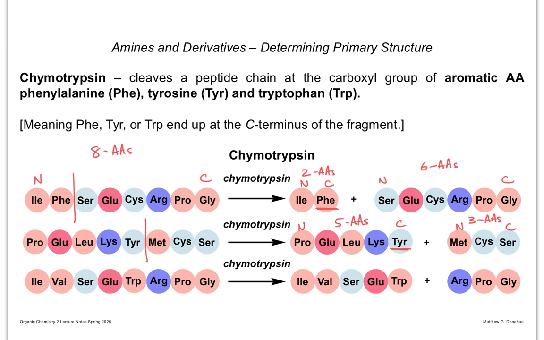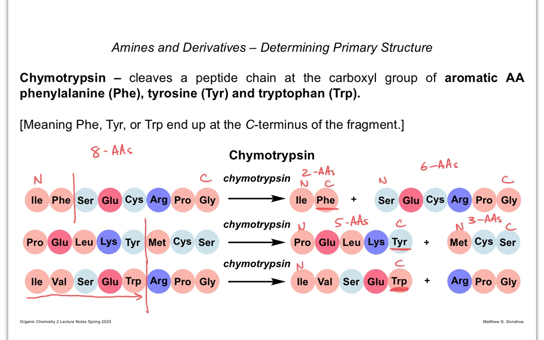And then the last example is using tryptophan as the amino acid that's going to get cleaved. Again, we're scanning along from left to right. We hit that tryptophan. We then cleave.